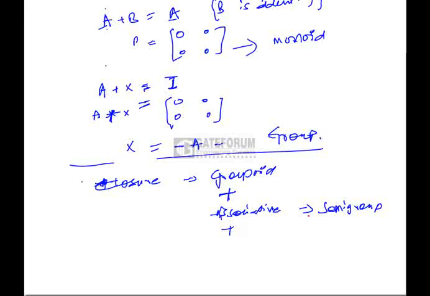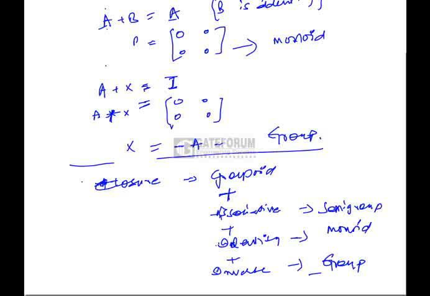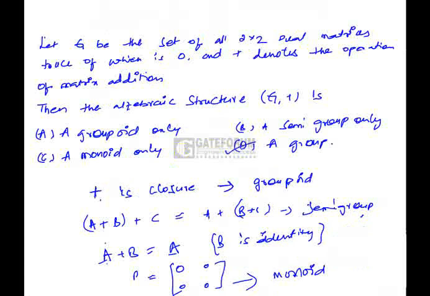Semi-group plus identity gives monoid, and monoid plus inverse element gives group. So here we can say the given algebraic structure is a group. So the correct option is option D.